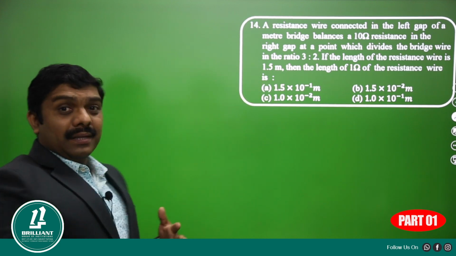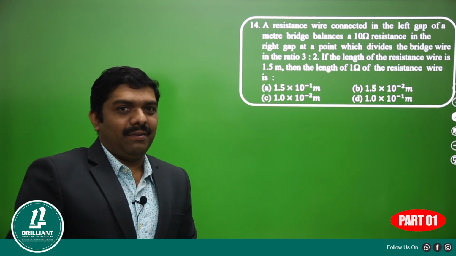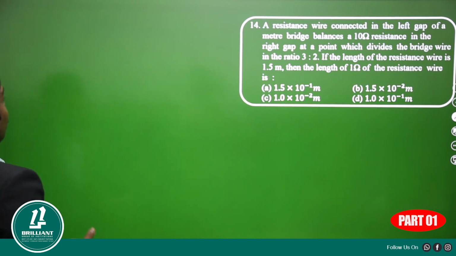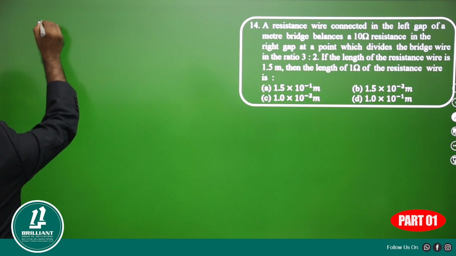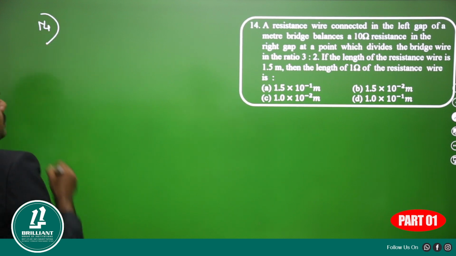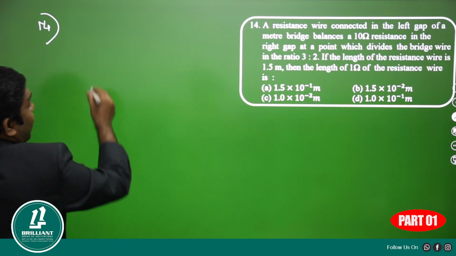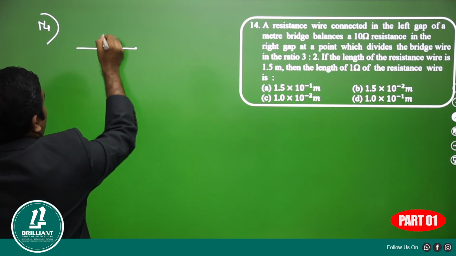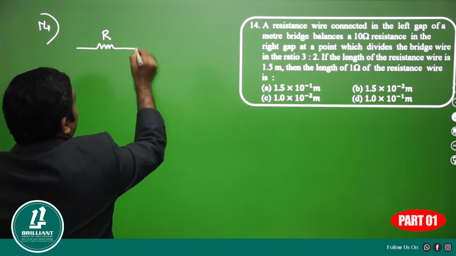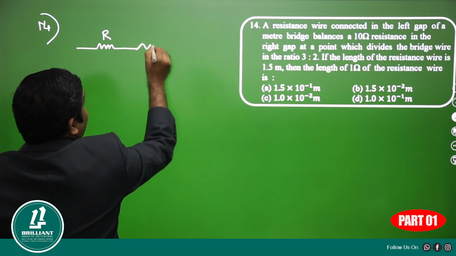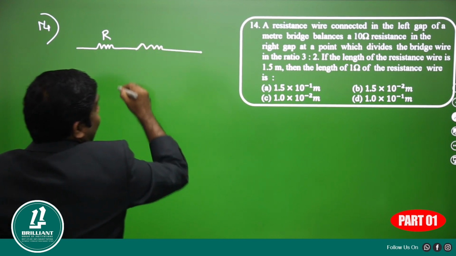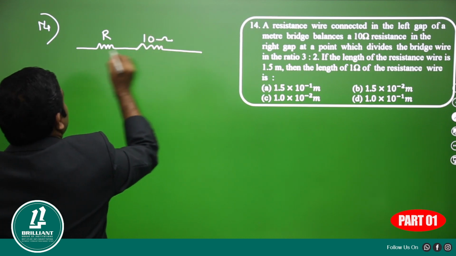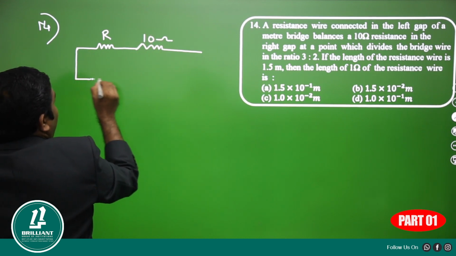Meter bridge related questions are important for competitive examinations. The working principle of the meter bridge is the Wheatstone bridge, that you know. So here there is a resistance R, and here there is a resistance of 10 ohm. Now look, this is a meter bridge wire.